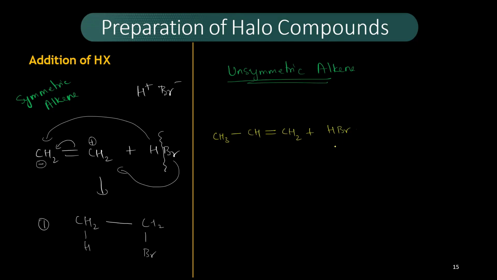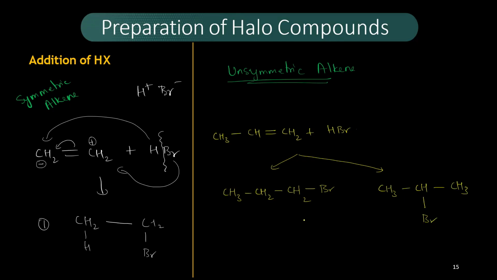One is CH3-CH2-CH2, where the bromine attaches to the final carbon or the first carbon. Or the bromine is attached to the second carbon, so that will be CH3-CHBr-CH3. Okay. So now we have two different kinds of compounds.